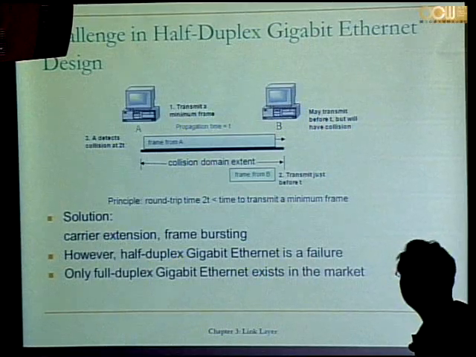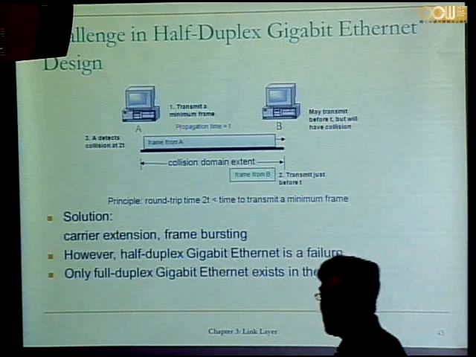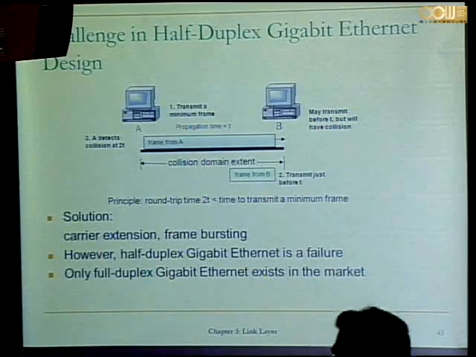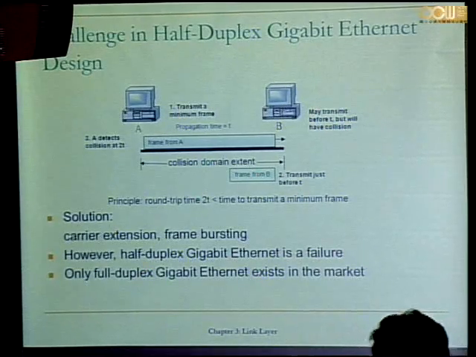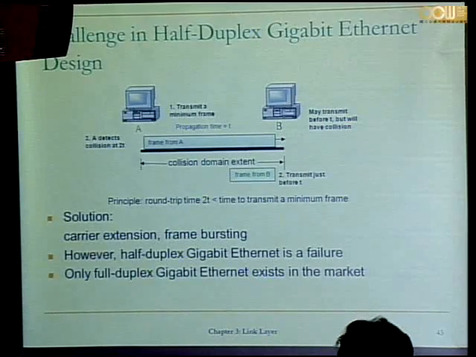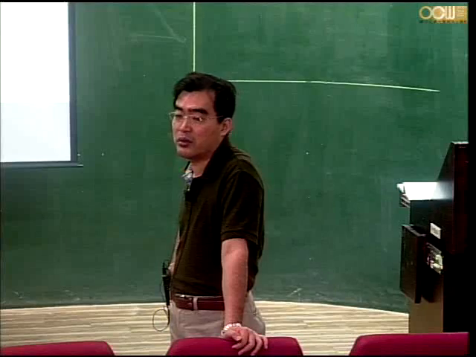Consider station A and B. The first thing that happens is that station A sends a frame to someone, perhaps not B, some other station, but the signal propagates to B. If the first bit from A is about to reach B, and B does carrier sense, B will find that the channel is idle, right?